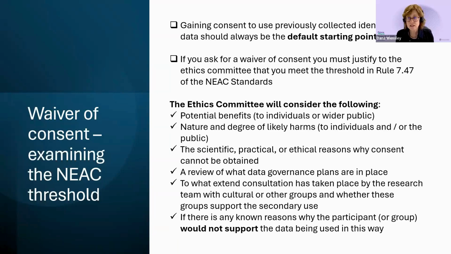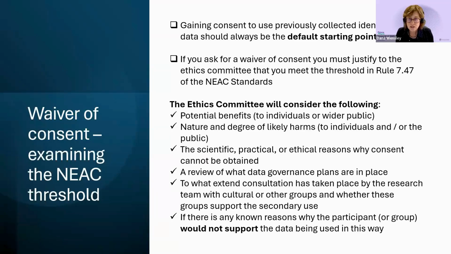The Ethics Committee will consider the following: the potential benefits to individuals or the wider public, the nature and degree of likely harms to individuals and/or the public, and the scientific, practical, or ethical reasons why consent cannot be obtained. It will want to review the data governance plans that are in place and is increasingly asking for a data management plan.